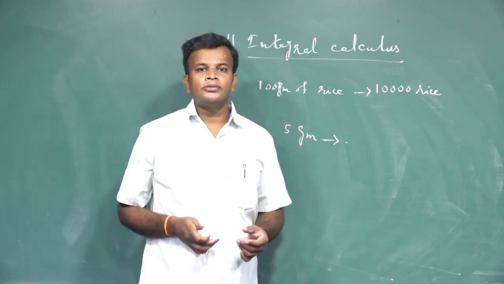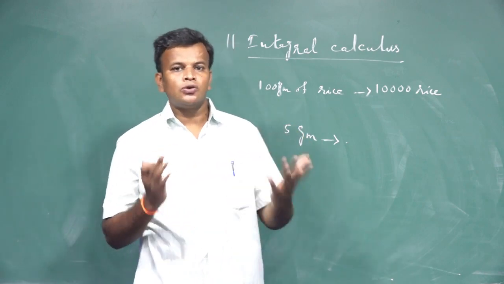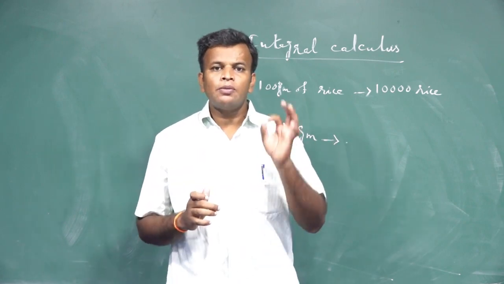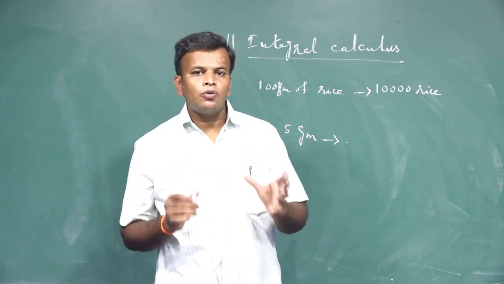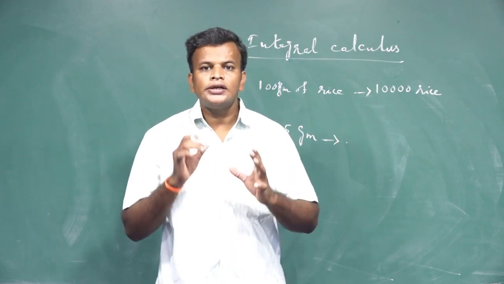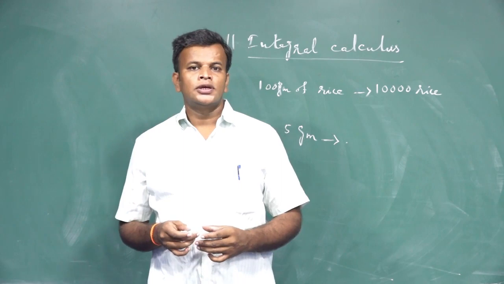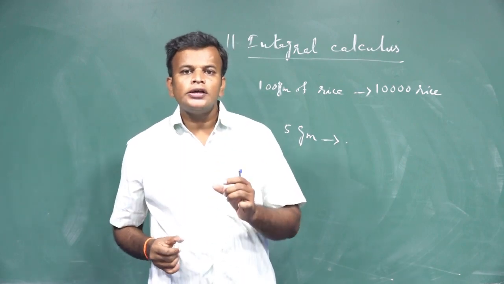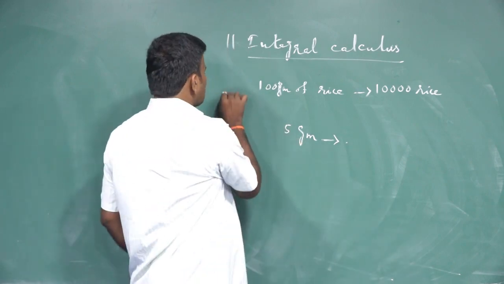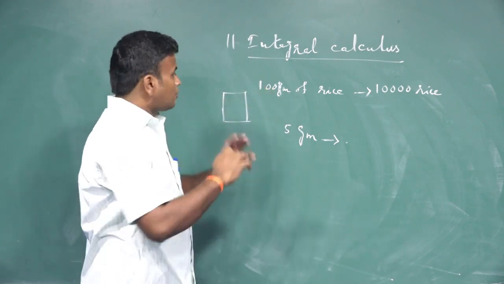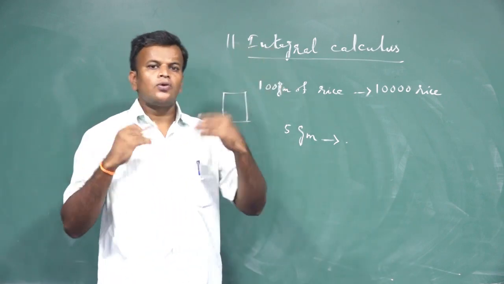I will give one more example. Suppose your room or your house is fully filled with molecules. Suppose you know very well the number of molecules in your particular room, in your study room or in your home. Then we want to find the number of molecules in some 1 square feet. The total number of molecules is a crore.